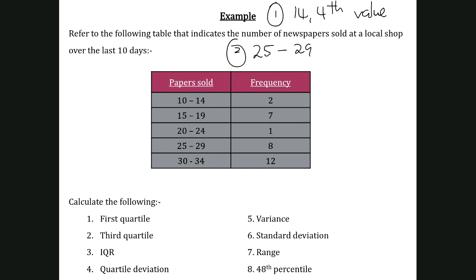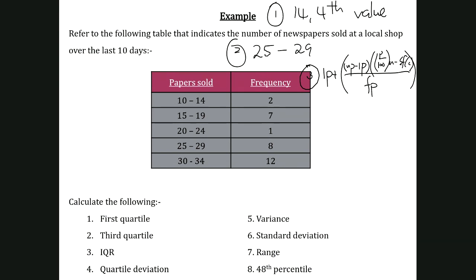It is calculated as your lower limit plus upper limit minus your lower limit, multiplied by P over 100 times N minus the sum of the frequencies in the groups before the group you selected, over the frequency of the group itself.